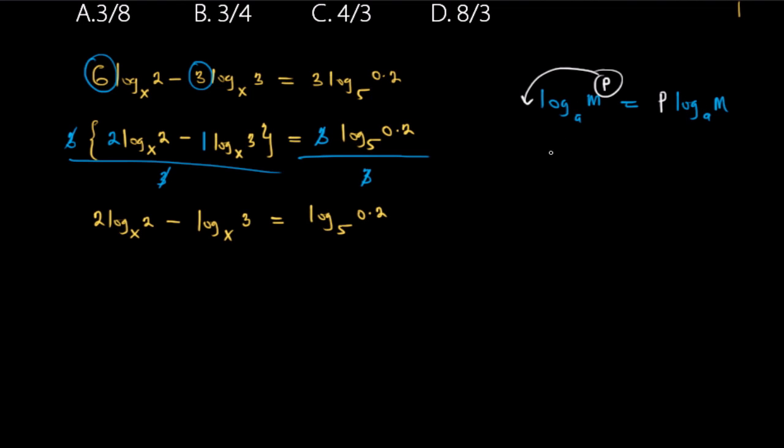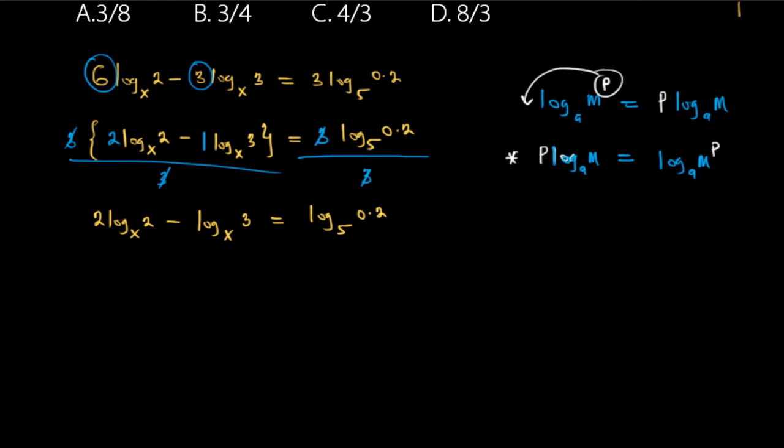Whenever you have any coefficient of a logarithmic term, this is just the same thing as pulling it as a power, so this becomes the log to the base a of m raised to the power p. So I'm going to lay credence to the information I said here.